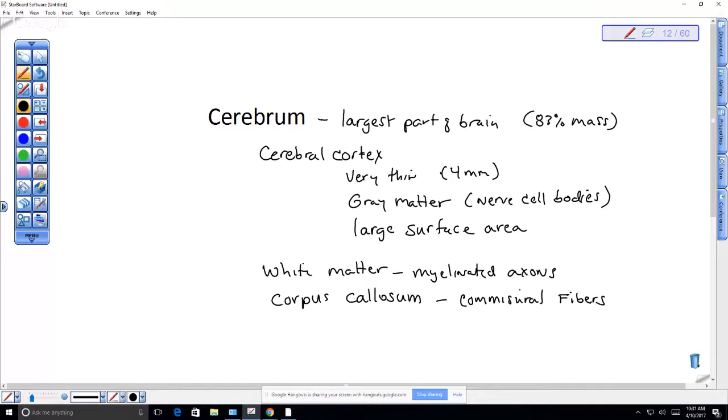So if we look at the hemispheres, they have what is referred to as lateralization.